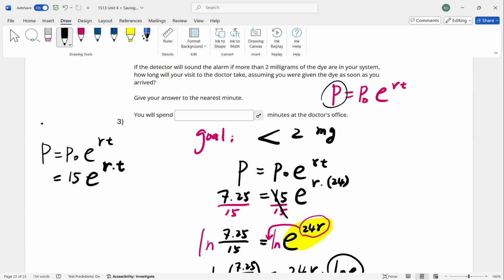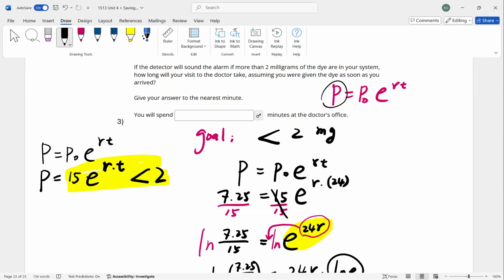We want to know how many minutes until P, the amount of substance in your system, is less than 2. We've got an inequality: we want the remaining substance after t minutes to be less than 2.